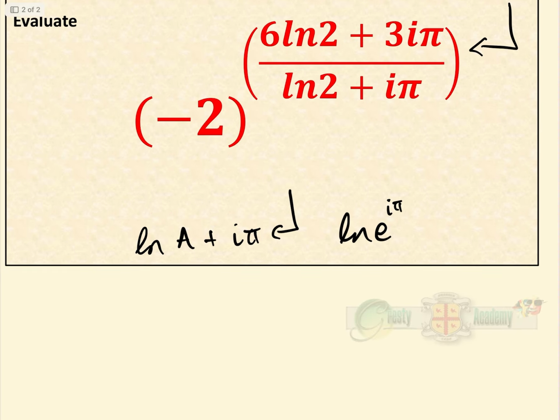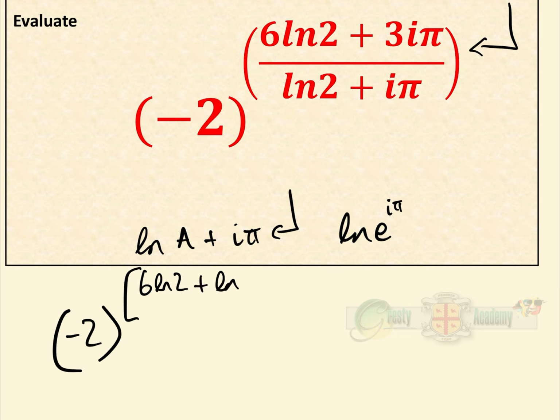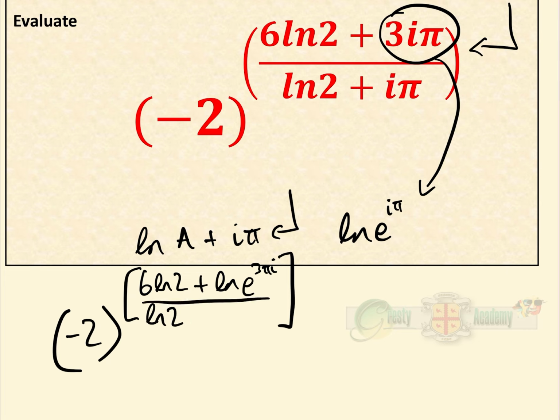Okay, so basically let's rewrite this as minus 2 to the power of 6 log 2 add log of e to the 3 pi i, over log 2 add log of e to the i pi.